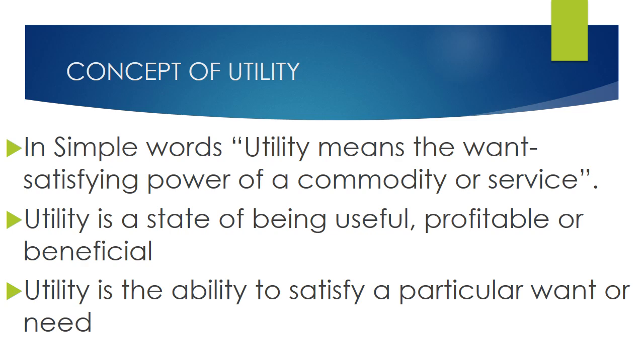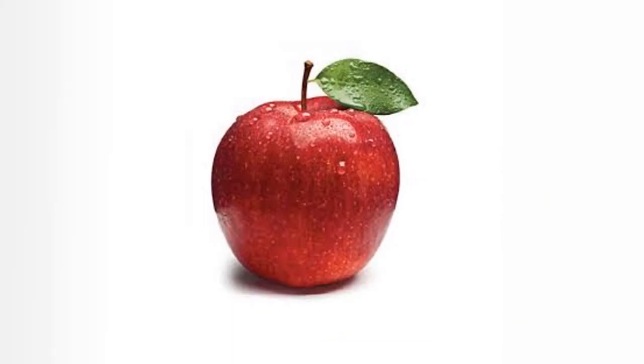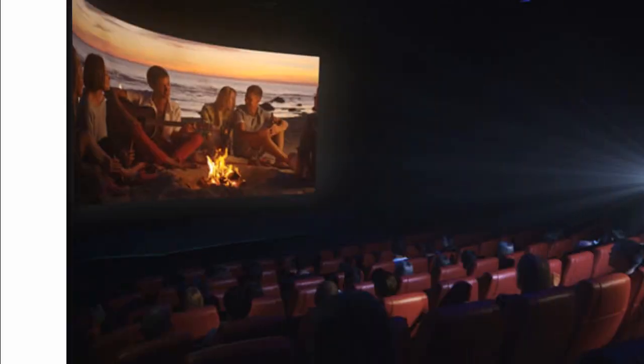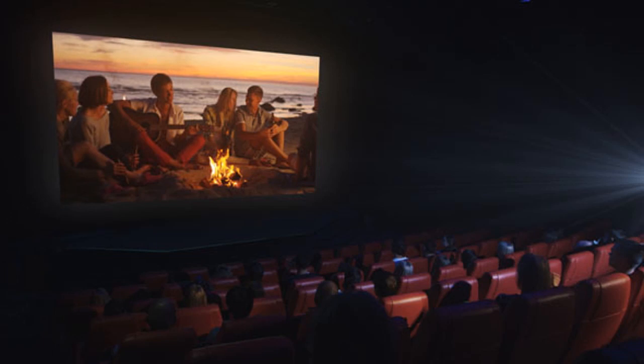Let us take an example. Imagine you are hungry and eating an apple. That apple satisfies your hunger because it has a want-satisfying power, which is called utility. You are watching a movie.